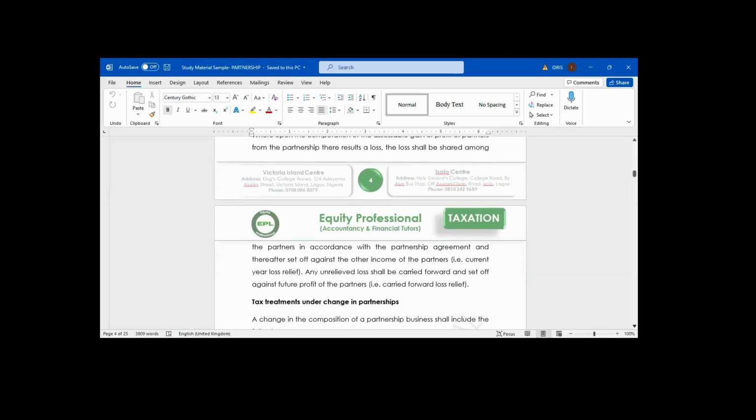Each of the partners can carry that loss forward against any future profit. If there is any profit in a future year, we have to relieve the loss before assessing the profit to tax.